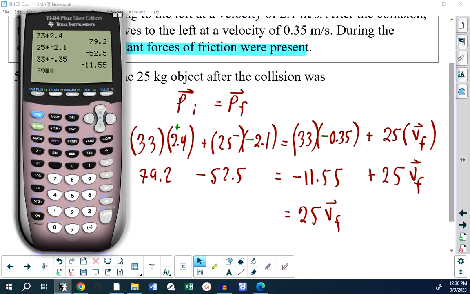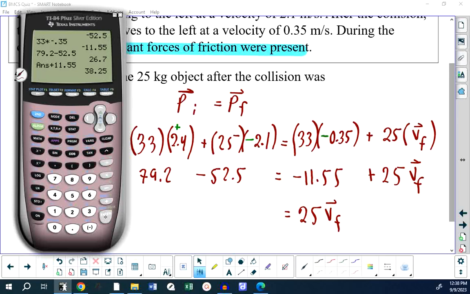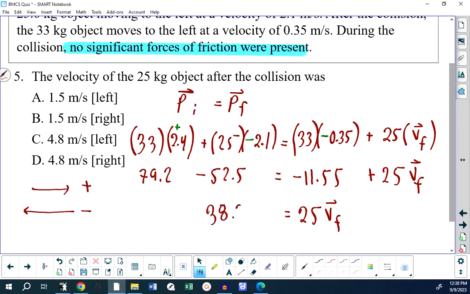Let's see what we get here. 79.2 minus 52.5 gives me 26.7. I need to add that 11.55 from the other side, so I get 38.25. And I get a positive number. As I mentioned in one of the videos for one of the lessons, one of the things I like about science and physics is the math doesn't lie.